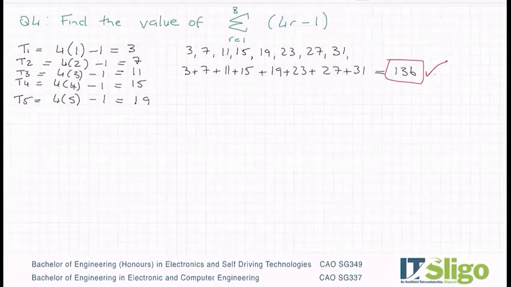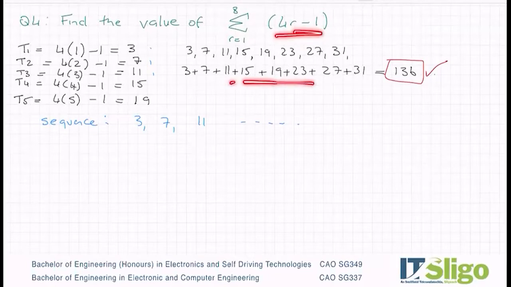The more common way it's done, though, is that you would write out a couple of terms in your sequence, 3, 7, 11. You would especially do it this way if you had a lot of terms in your sequence, or it was a complicated formula, because you can see it takes a bit of time to write out all the terms and add them up.